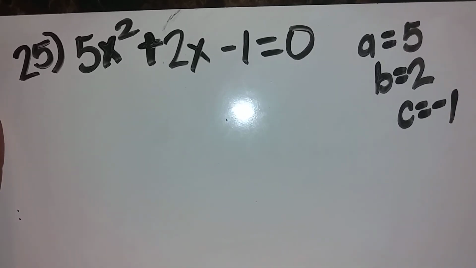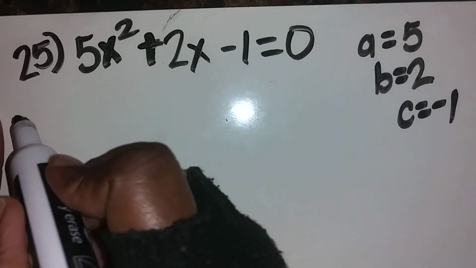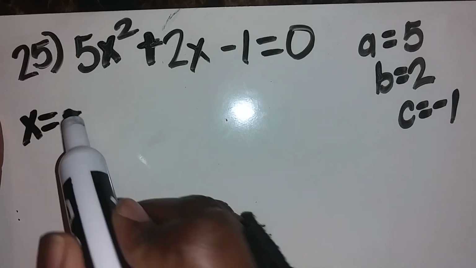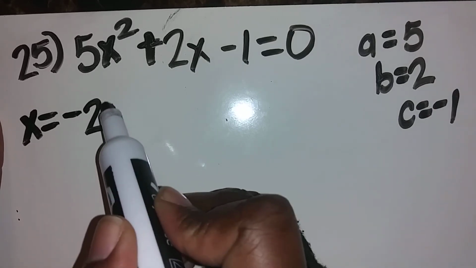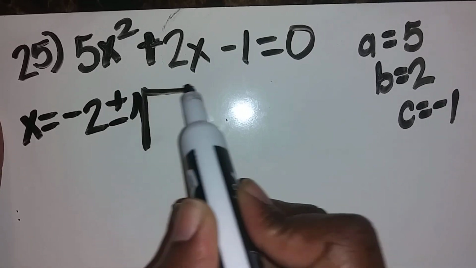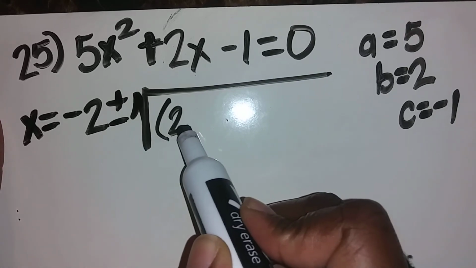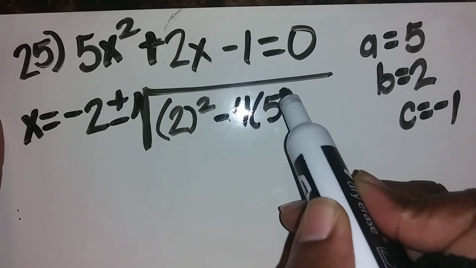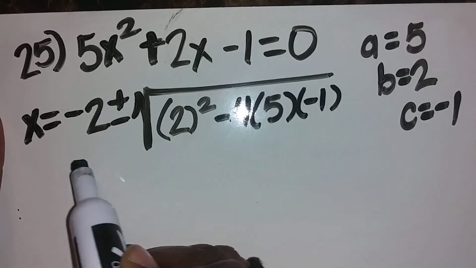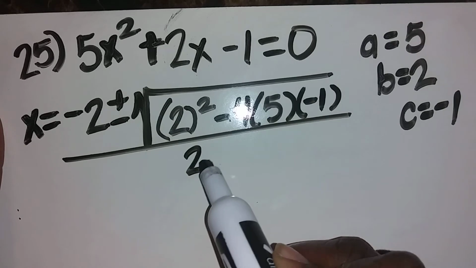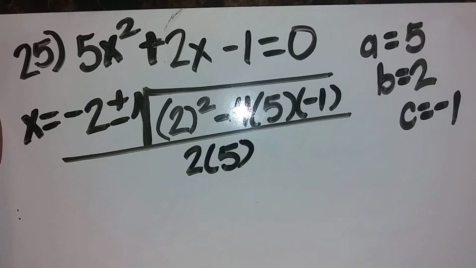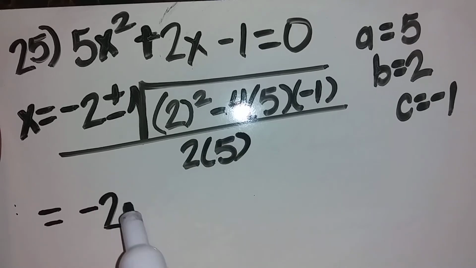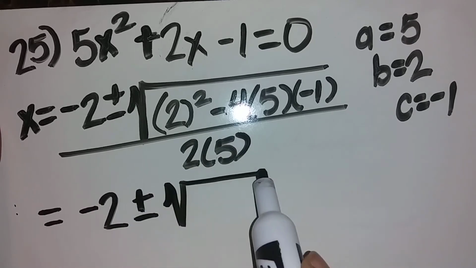Okay, plugged into your quadratic formula again. So x equals negative b plus or minus the square root of b squared minus 4, a is 5, c is negative 1, and everything is over 2 times a, which is 5. Okay, so right here, I have negative 2 plus or minus the square root.